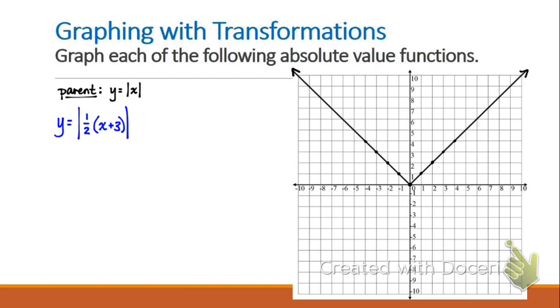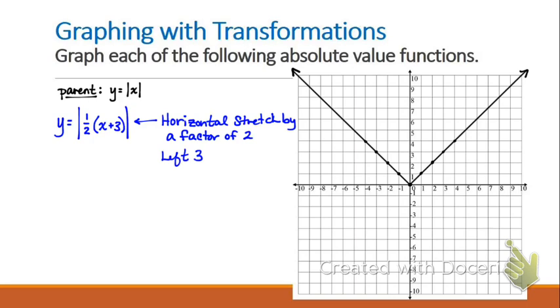So because that 1/2 is inside the absolute value and not outside of it, that makes it a b value. And since it's a fraction, that means we're going to have a horizontal stretch. Remember, if that was my a value, it would be a vertical compression. But because it's a b value in a fraction, this is going to be a horizontal stretch by a factor of 2. And then it's going to send me to the left 3. That's what that 3 inside of parentheses is going to do for it there.